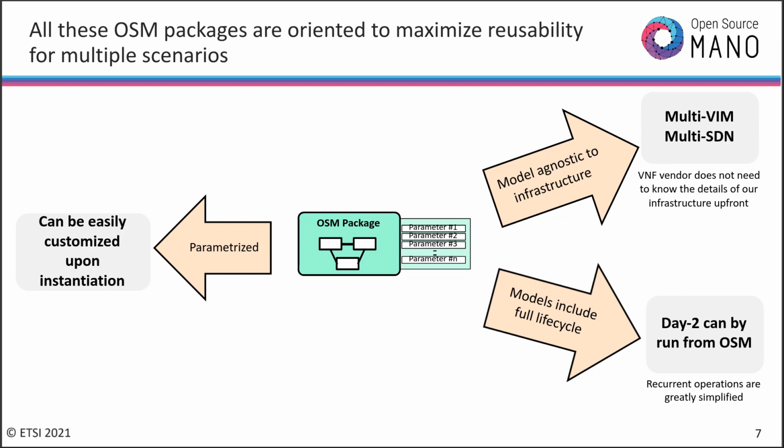They are agnostic to the type of infrastructure, so we don't need to be aware of which type of VIM we are designing the package for. That will be a decision that we can take at the very last moment if we want, and the same for the type of SDN. And also, we can include all the life cycle to manage those components together, so we don't need to be aware of every single operation in each component if we don't need it.